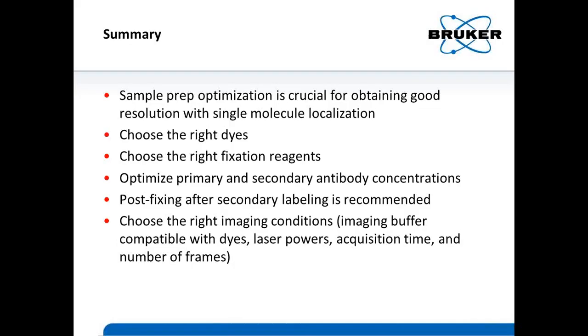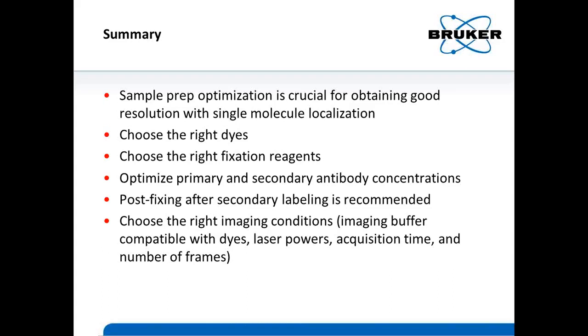So in summary, sample prep optimization is really very crucial to be able to get good resolution with single molecule localization. I can't stress that enough. It doesn't take a lot of time, because I've worked with a lot of people who wanted to get started in this field, just starting and asking the questions: these dyes are good, will I be able to switch them?